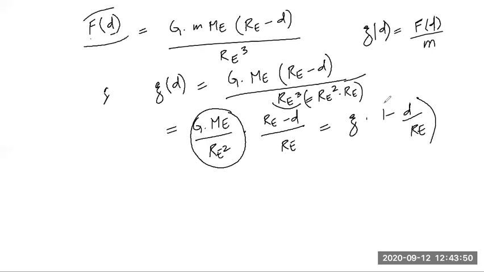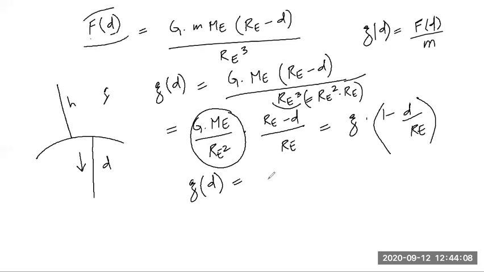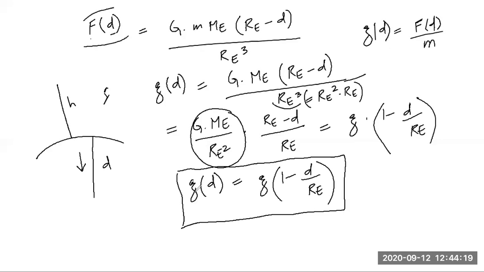Is it right? So now I got the expression, just like I got the expression when a point mass is going up, height h. Now I got the expression for how a point mass is going down, the depth d. g as a function of d is equal to g on the surface into 1 minus d by Re. So can you tell me, Ishma, how this expression is giving me a sense that g at depth d is less than g?